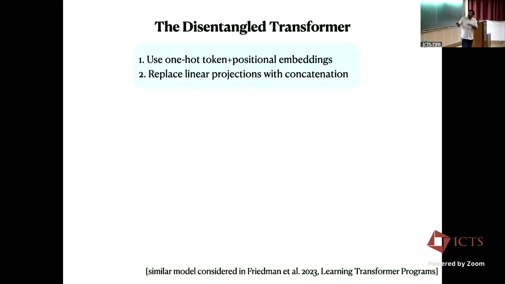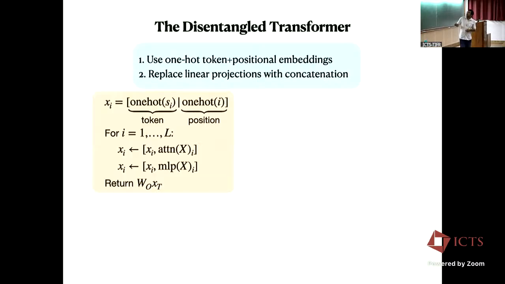Algorithmically, this is how it looks. At the input level, you concatenate both the one-hot encoding of your symbol and the position embedding. At every layer, usually you add the attention output and the input, like the residual, but here you just concatenate. You do the same for the MLP, and finally you return some linear operation.